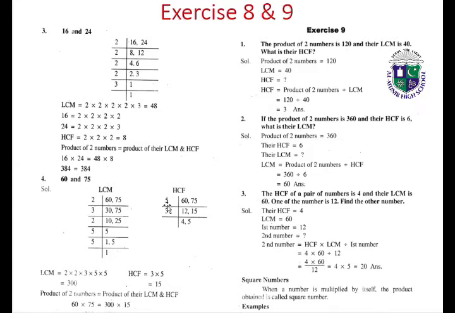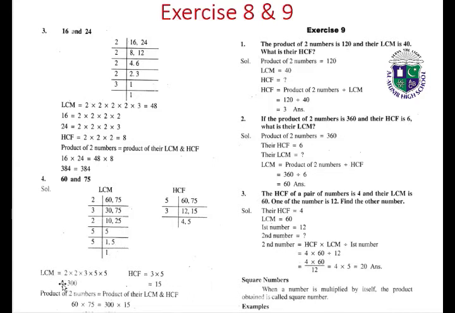60 and 75. 5 ones are 5, 5 2s are 10, 5 5s are 25, 3 4s are 12, 3 5s are 15. 60 and 75 LCM: divide by 2, 3 2s are 6, 0, and 75 carry down, 3 10s are 30, 3 2s are 6, 3 5s are 15, 2 5s are 10, 25 carry down, 5 1s are 5, 5 5s are 25, 5 1s are 5.